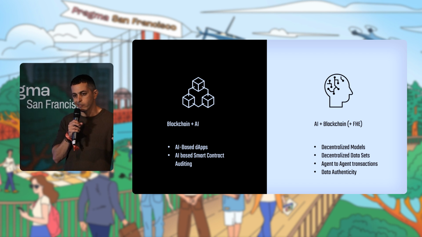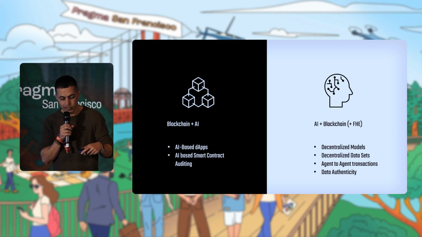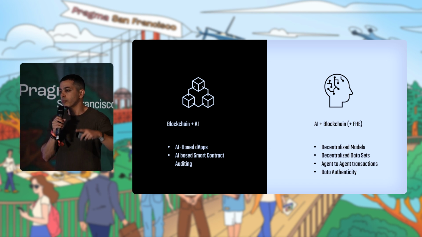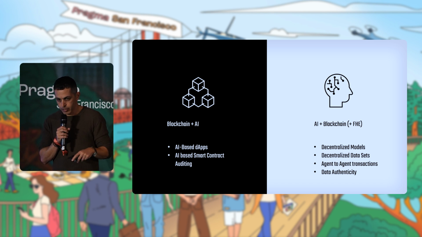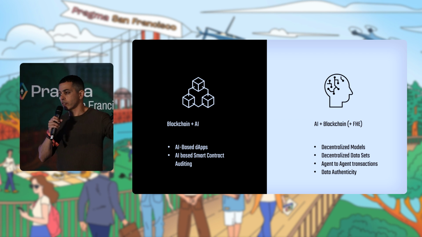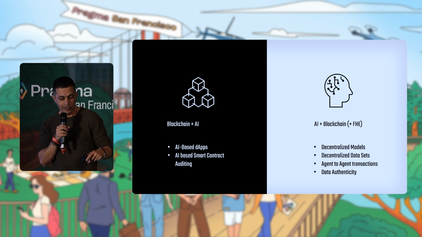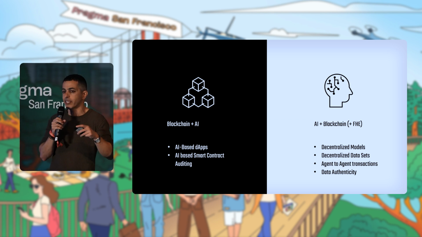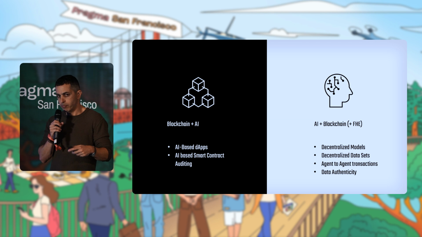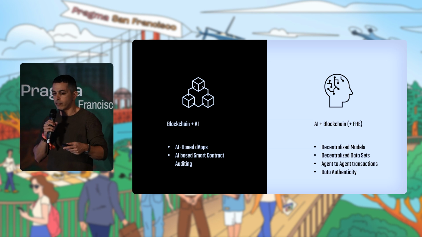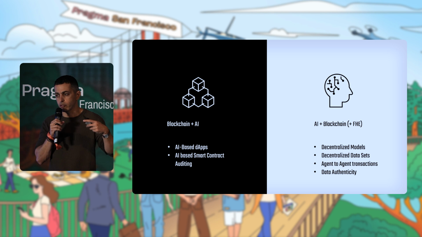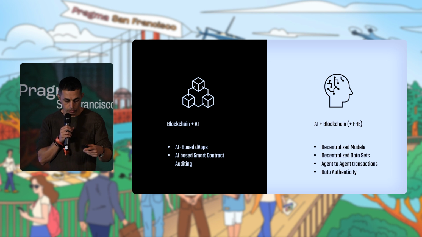But where things become more interesting is where we're actually using the mechanism of FHE and blockchain to help AI-based applications. So a lot of what's happening today in the industry is what we call corporate AIs, right? All of the machine learning models are maintained by a couple of big participants. But there is a trend, and we're starting to see the shift for decentralized models, where we're going to see more and more models being built by decentralized users.